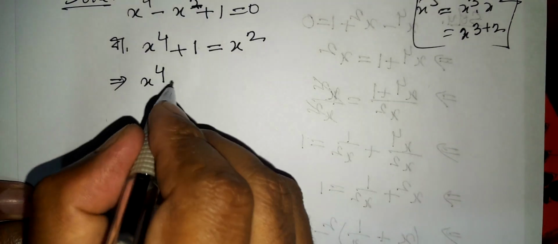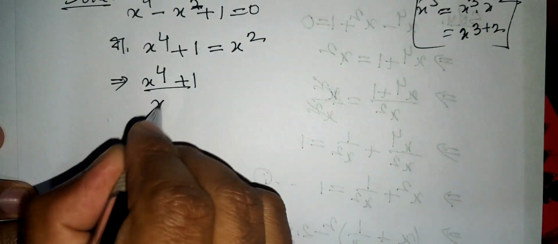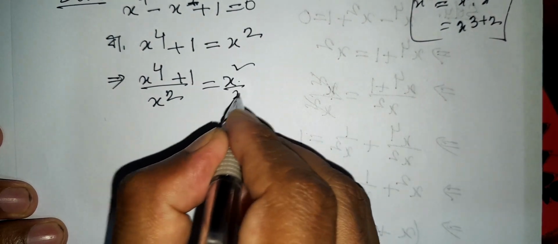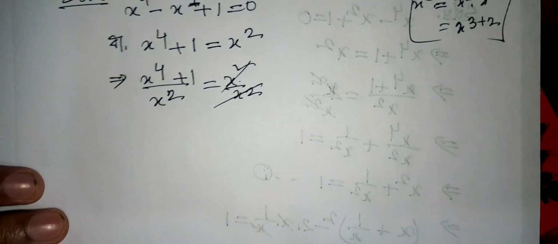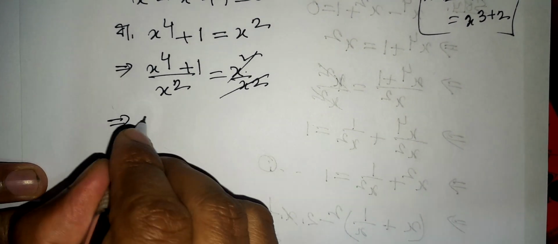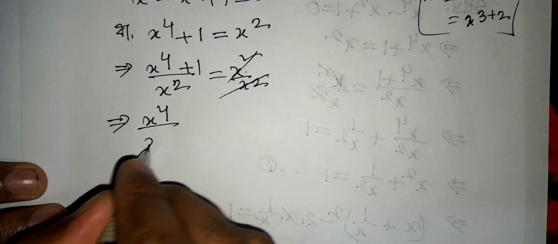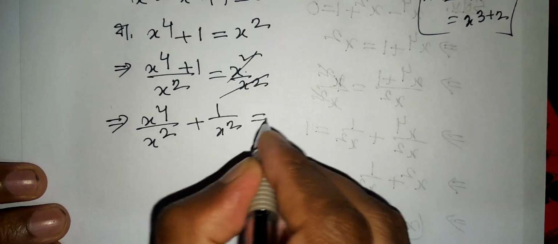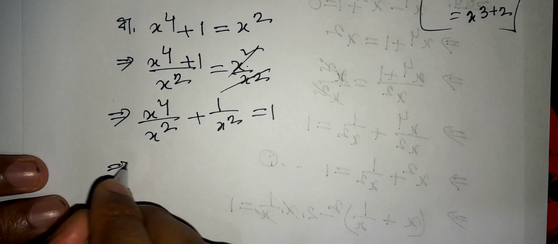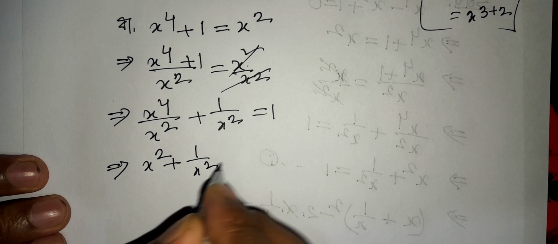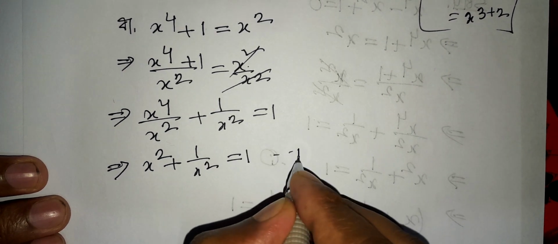Dividing by x square on both sides, we can write x square is equal to x square by x square, cancelling, and we can write x square by x square plus 1 by x square is equal to 1. Now we can write x square plus 1 by x square is equal to 1.